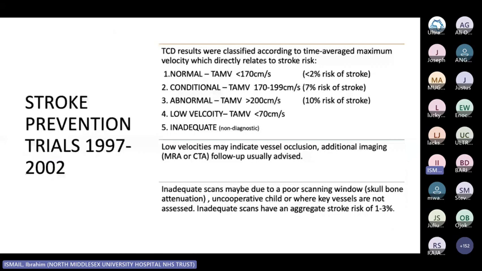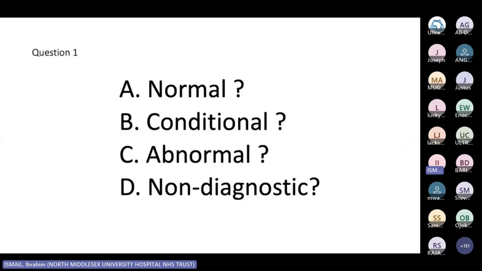So we'll go back here, as you can see: normal, conditional, abnormal, low velocity. What is it? A, B, C, or D? A, normal. B, conditional. C, abnormal. D, non-diagnostic.